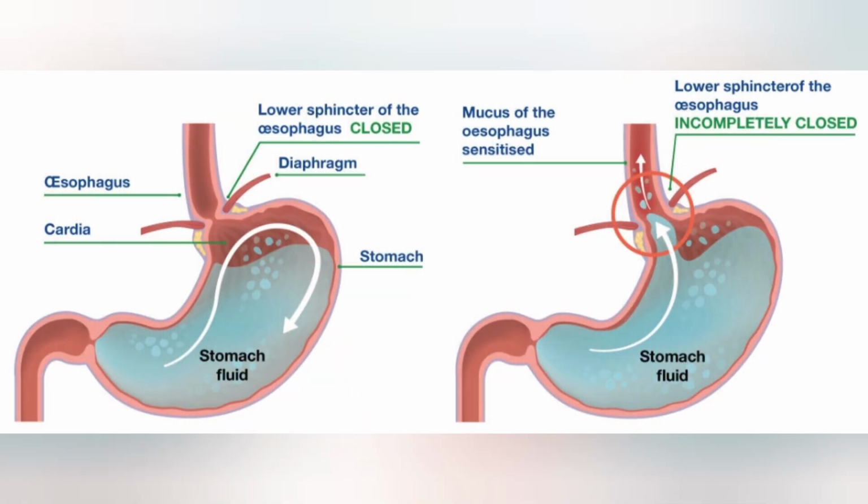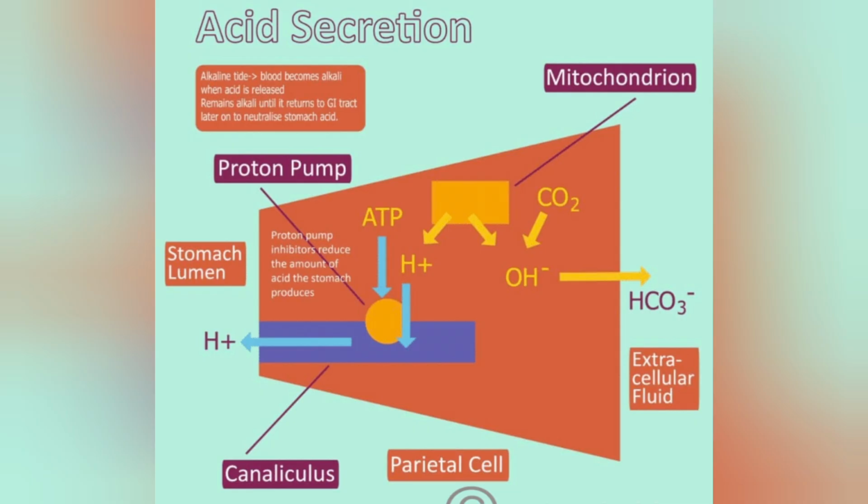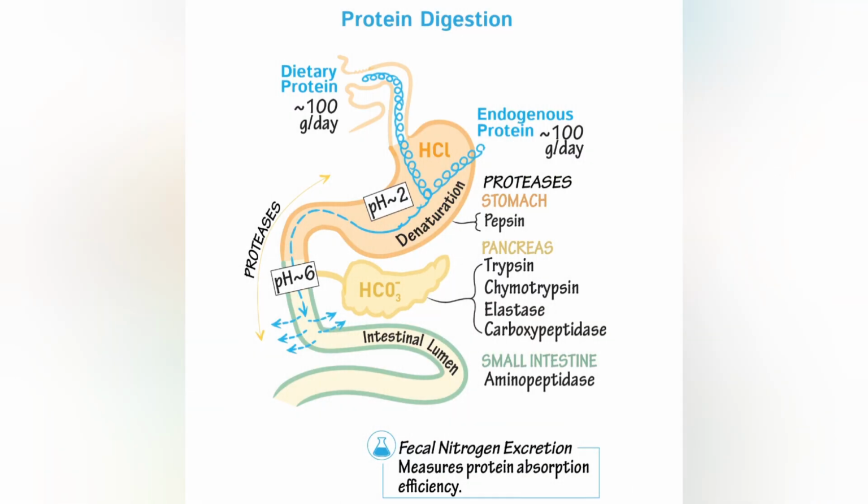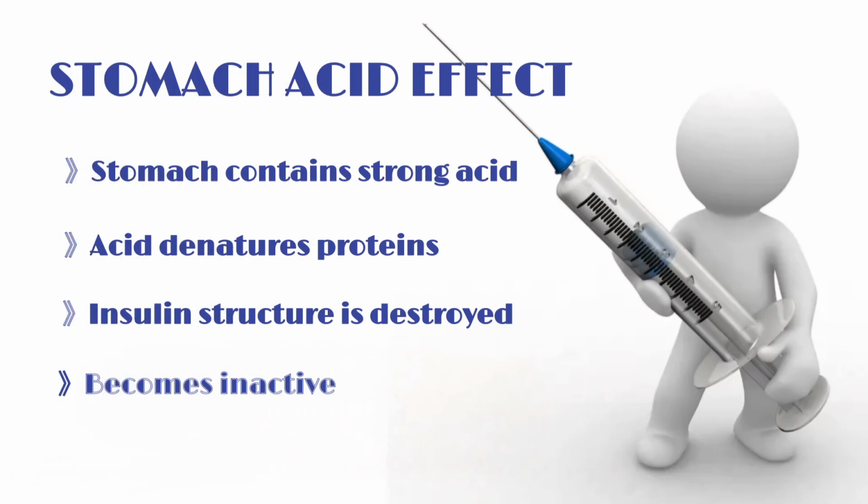Once the structure is destroyed, the insulin loses its biological activity. Digestive enzymes such as pepsin further break the insulin into smaller amino acids, just like dietary proteins. Therefore, insulin taken orally gets destroyed before it can reach the bloodstream.